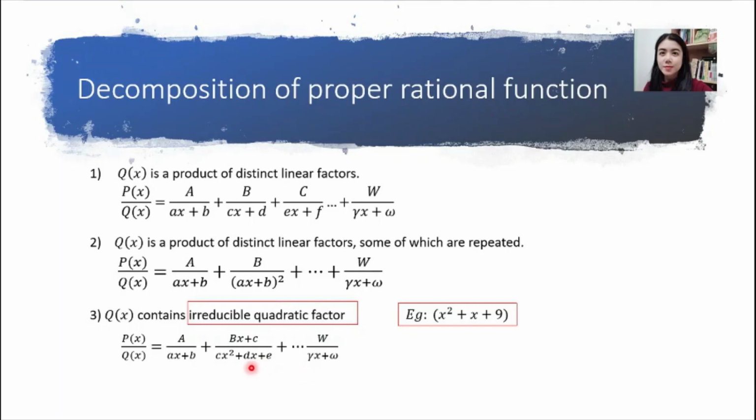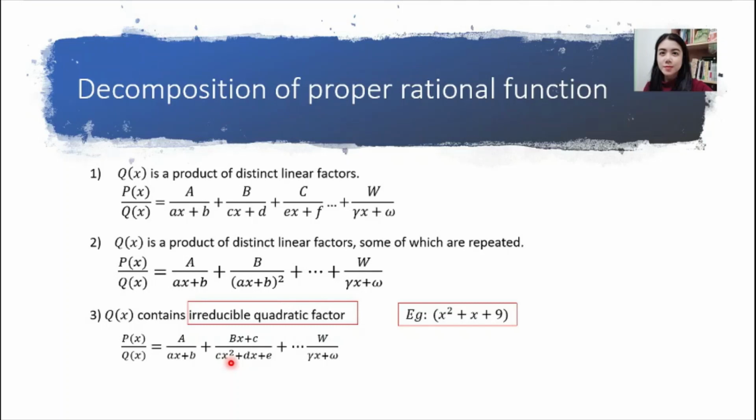Let's look at the form that you might come across. This is a combination of a linear factor and a quadratic factor. The linear factor has x power 1, so at the top you should have a constant. But this factor is quadratic, with x power of 2.